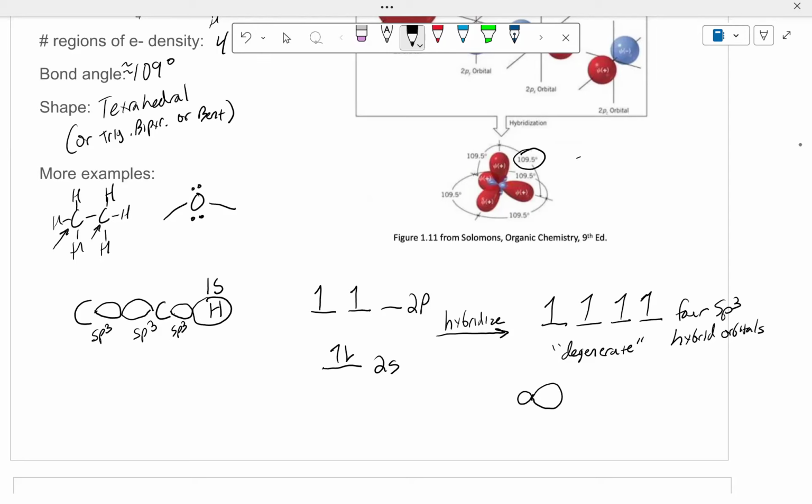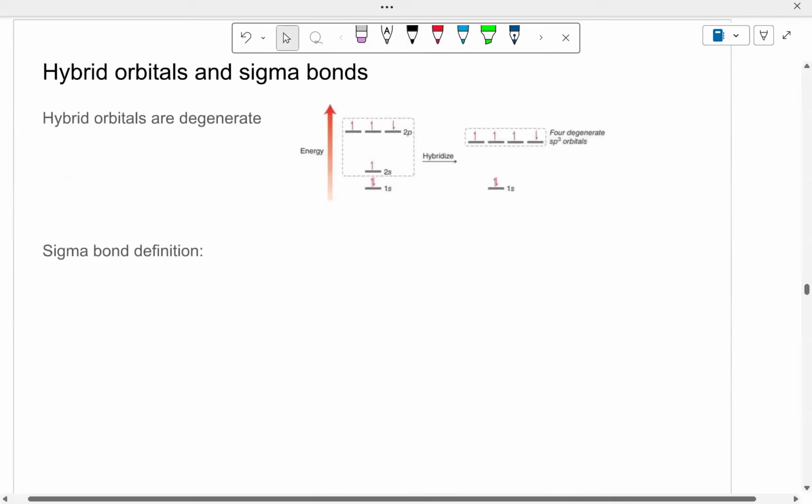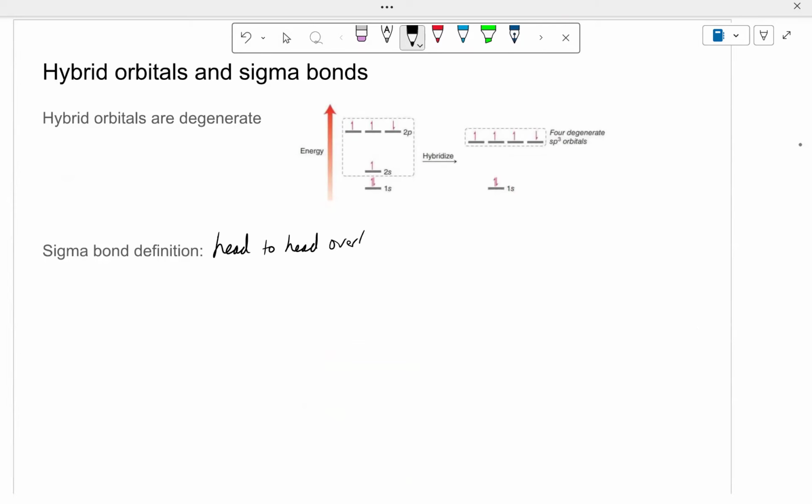And this gets us to our true definition of what a sigma bond is. A sigma bond is a head-to-head overlap of an atomic orbital with a hybrid orbital. Or another case for this, the overlap of two hybrid orbitals.